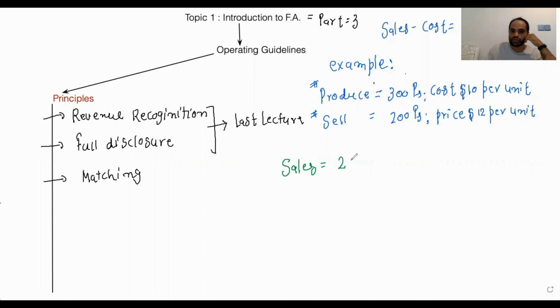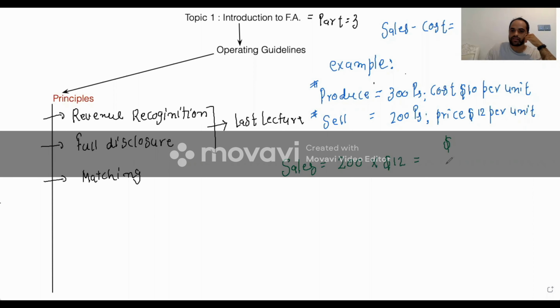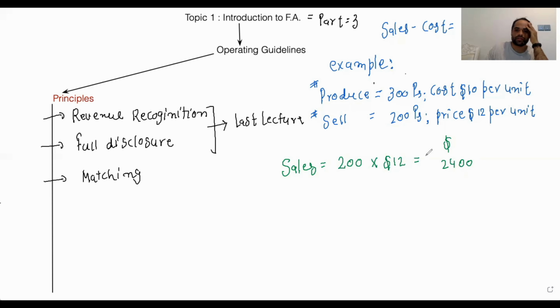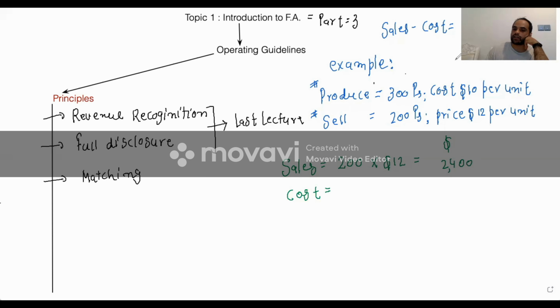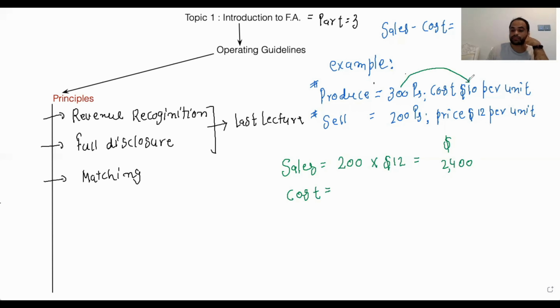Sales is 200 products multiplied by $12 each, so total sales is 2,400, right? Now cost. All of you or most of you calculated cost as 300 multiplied by 10, which is 3,000, right? That's why you got a 600 loss, but it's wrong.